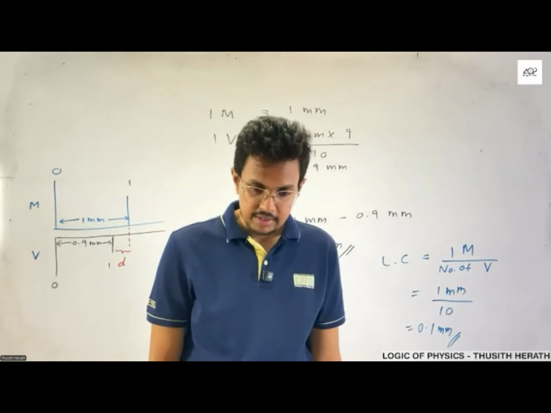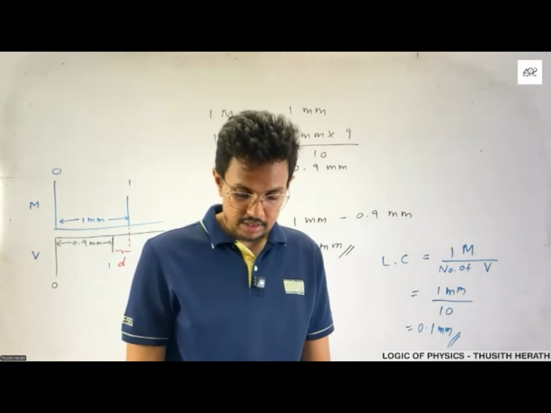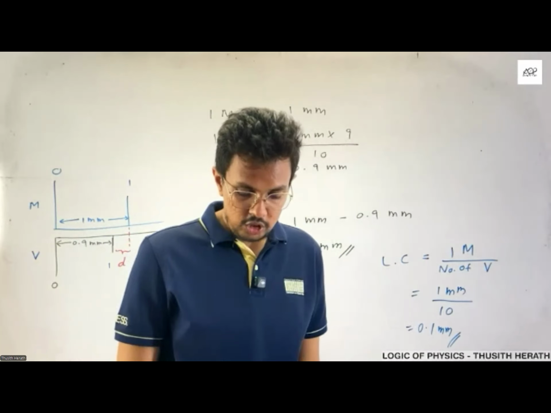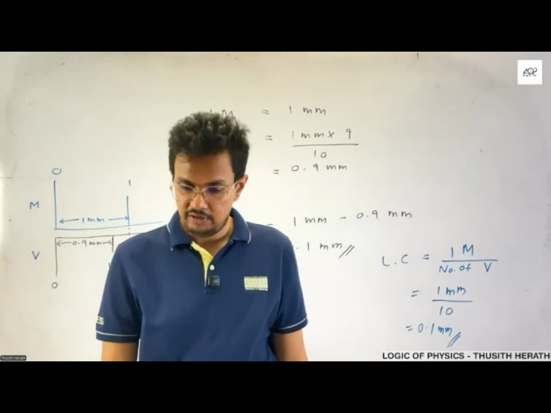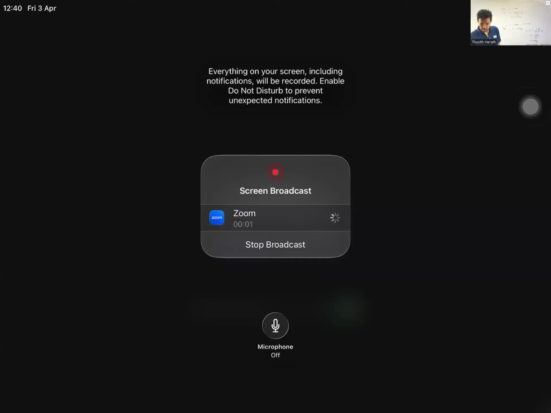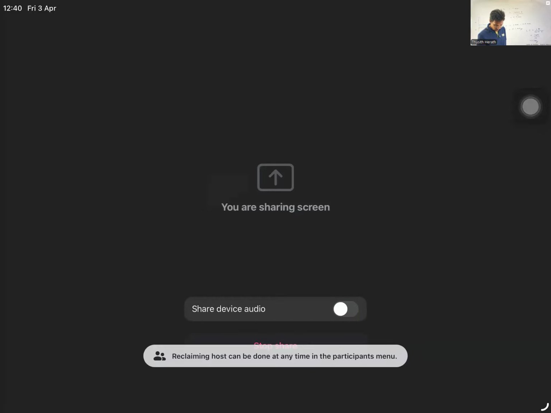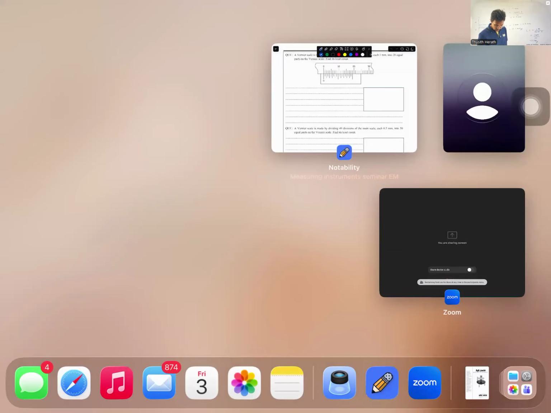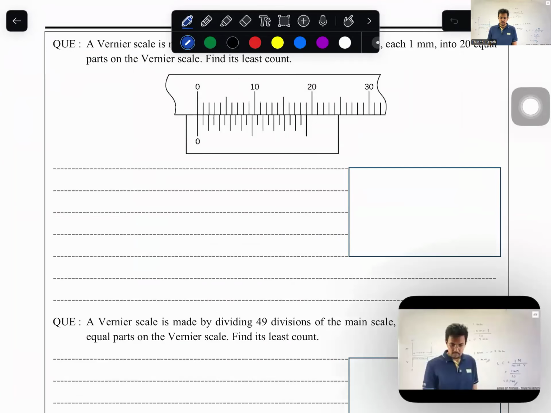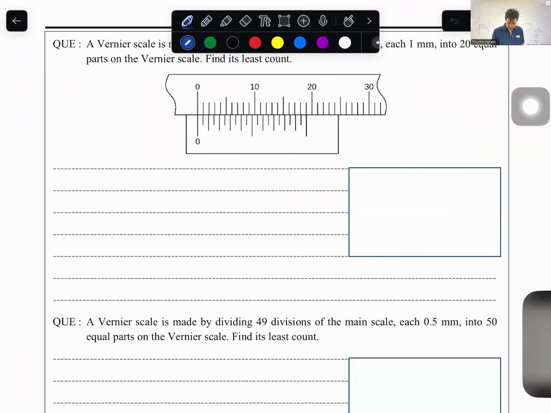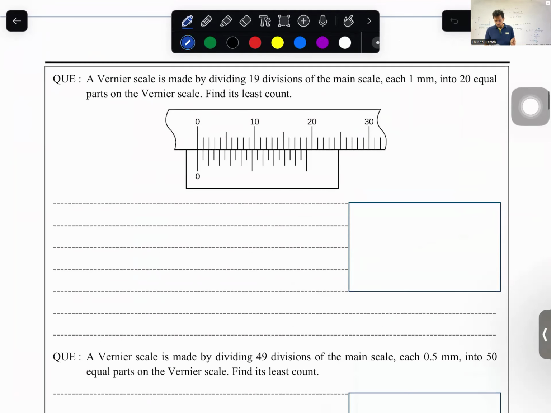Okay. Now, you will be able to see my screen. You can see my screen clearly, right? Okay.